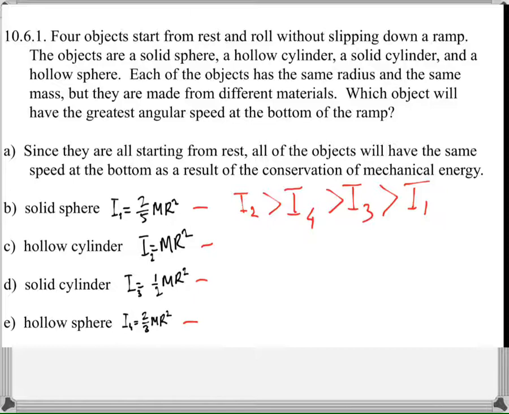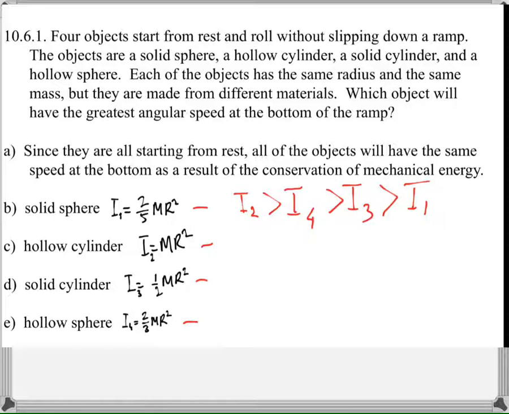The angular speed when they come to the bottom, which one will have the largest, greatest angular speed? Solid sphere. I1. Okay.